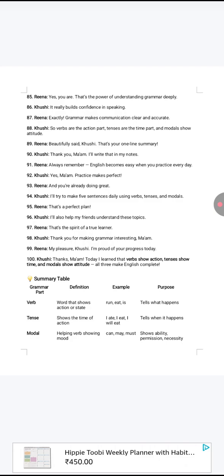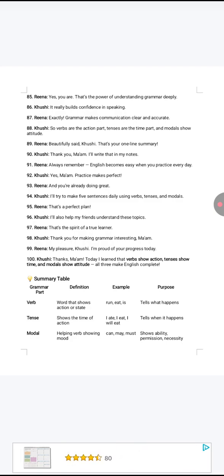That's a perfect plan. I will also help my friends understand these topics. That's the spirit of a true learner. Thank you for making grammar interesting, ma'am. It's my pleasure, Khushi. I am proud of your progress today.